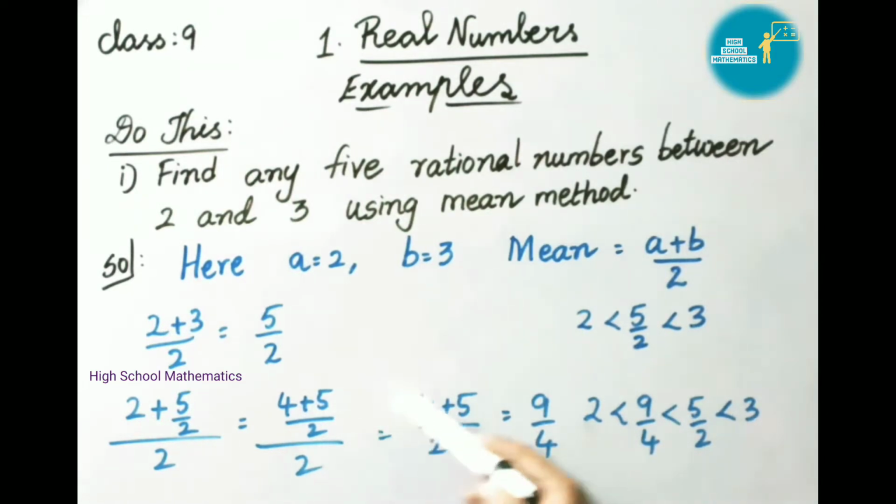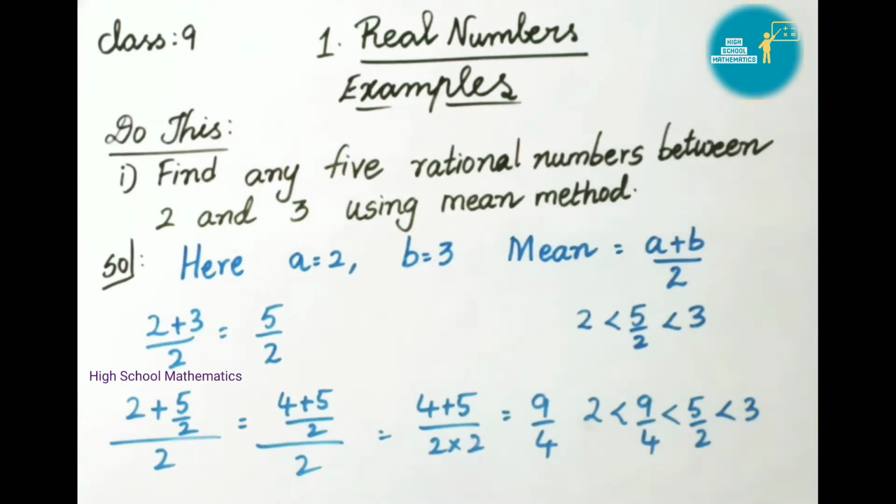That equals (4 plus 5) by, this 2 is going to multiply the denominator, so 2 into 2, that equals 9 by 4. Therefore, the rational numbers between 2 and 3 we got here are 9 by 4 and 5 by 2.